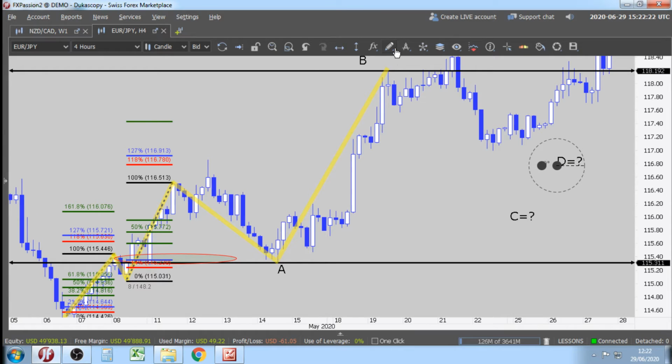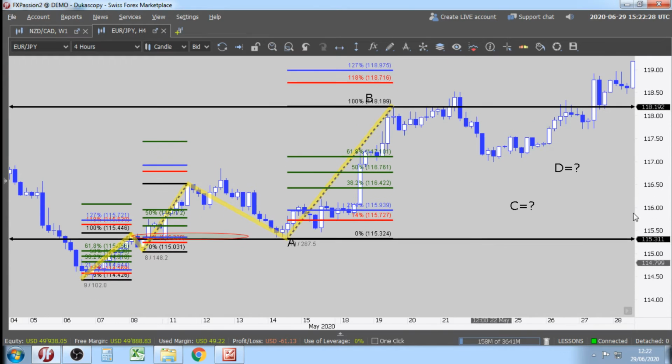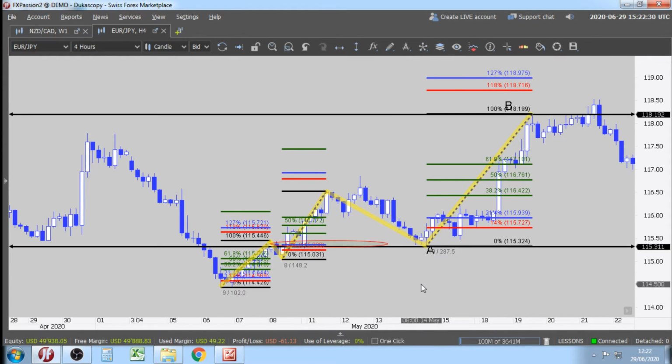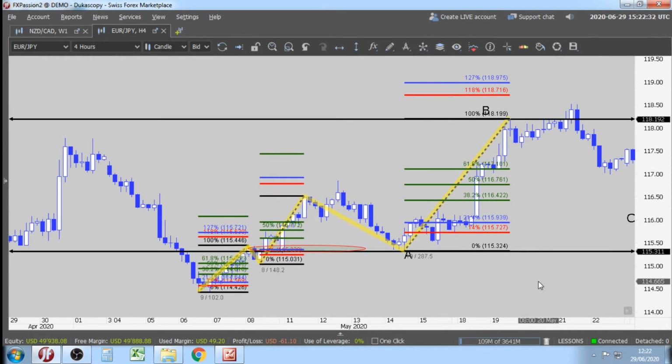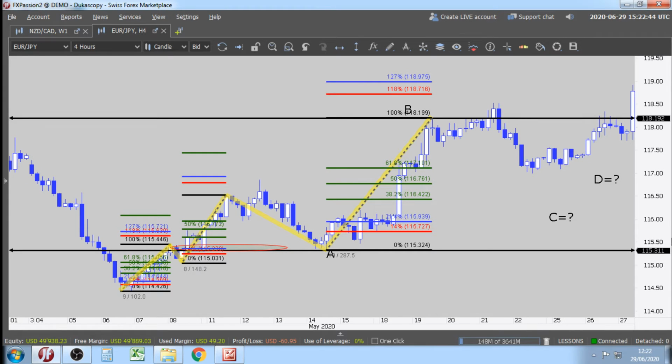And we're going to move the Fibonacci retracement tool. There you go. As you can see, everybody, if you're a complete beginner on Fibonacci, you can keep track of the past Fibonacci's and of the Fibonacci sequence.